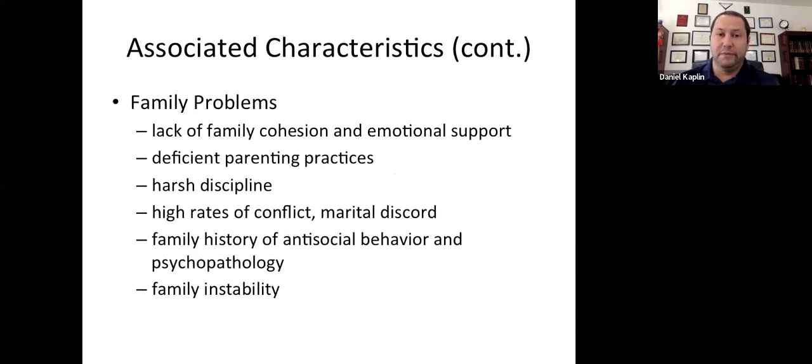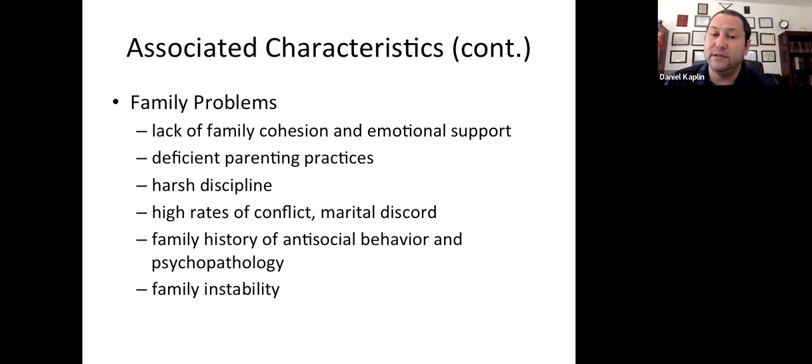Now, family problems are part of the issue. We tend to see people with oppositional defiant disorder and conduct disorder tend to have a lack of family cohesion. There's a lot of strife or conflict, and there's a lack of emotional support.